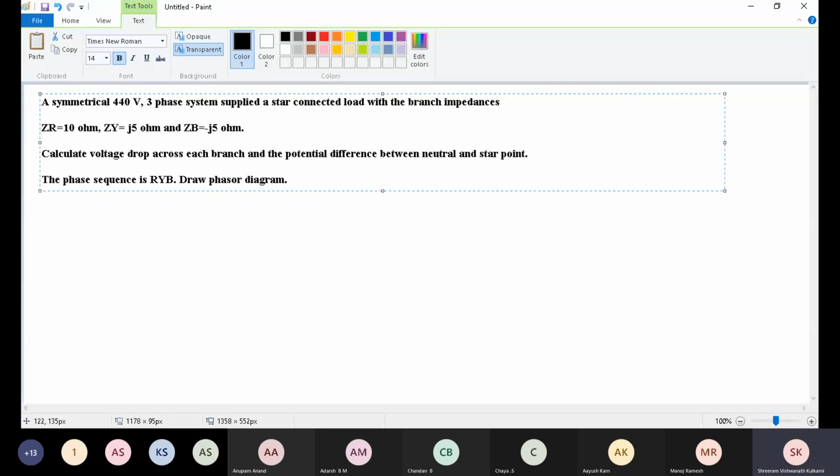Okay, this is the question given. The symmetrical 440 volt three-phase system supplied a star connected load with the branch impedances ZR, ZY, ZB.